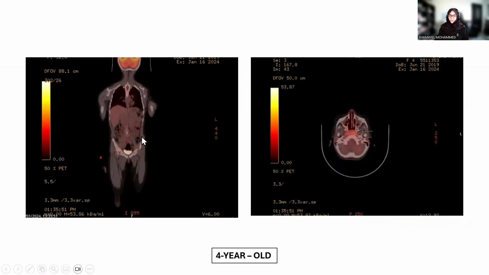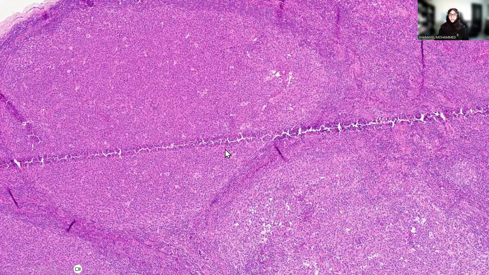So this is a 4-year-old child who presented with a neck lymph node enlargement in the head and neck area. A whole body PET CT showed only this localized enlargement in the nasopharyngeal area, and the biopsy showed expansile follicular pattern proliferation.